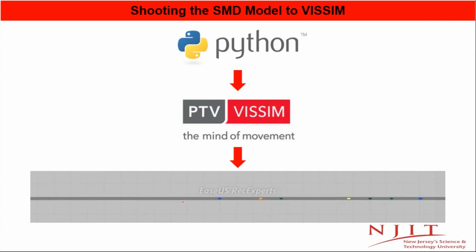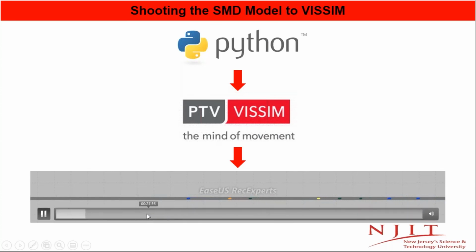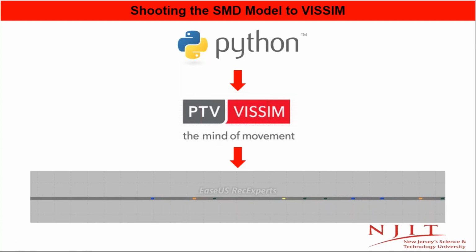We coded the algorithm in Python and connected it to Vissim software by COM interface. As you can see in this slide, there is a video of our simulation run. We have several types of vehicles in this video. The blue vehicles are human-driven vehicles which won't join the platoons.